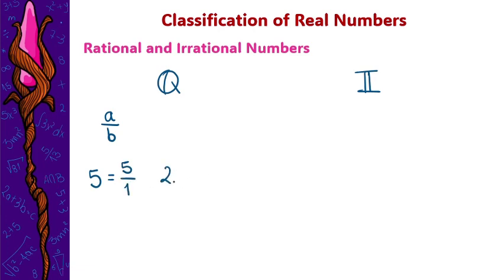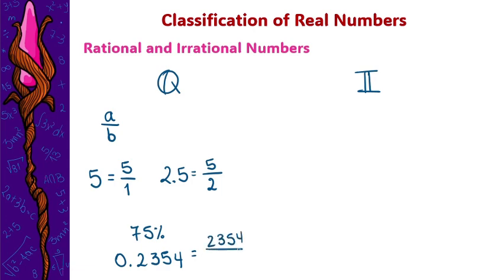Or some decimals like 2.5, you could represent as 5 divided by 2. All the fractions themselves are also rational numbers. And of course the percentages. There are also decimals with a lot of decimal places that can always be converted into a rational number. It doesn't matter if they have a lot of decimal digits. You can always represent it as a fraction.